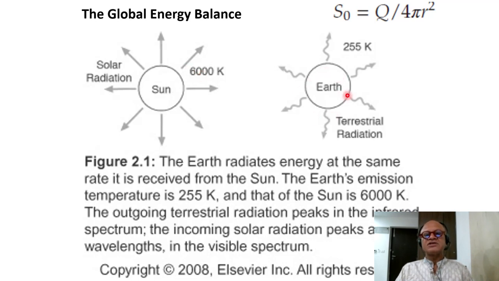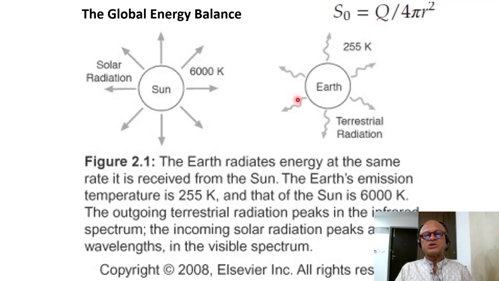And Earth is receiving energy from the sun mostly in the visible, and it's emitting energy out at 255 Kelvin on average. So we have to understand the balance, and the energy that is starting from the sun and reaching the Earth has a formulation like this.